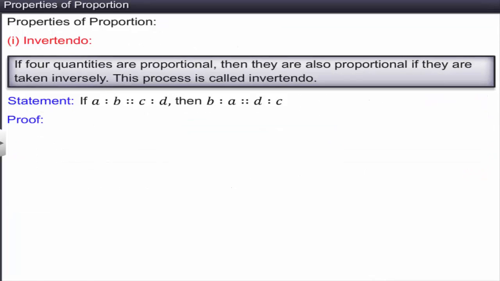Let's see the proof for this property. We are given A is to B is as C is to D. It can be written as A divided by B is equal to C divided by D. On cross multiplication, we get BC is equal to AD.